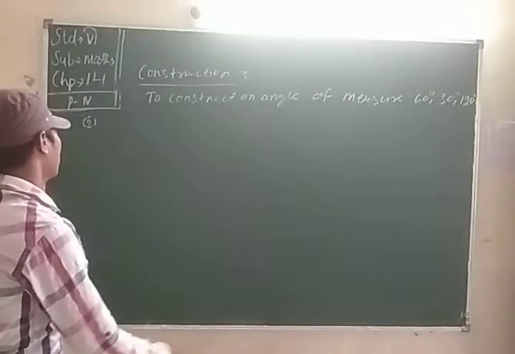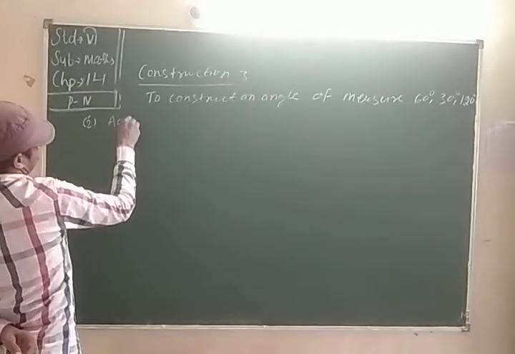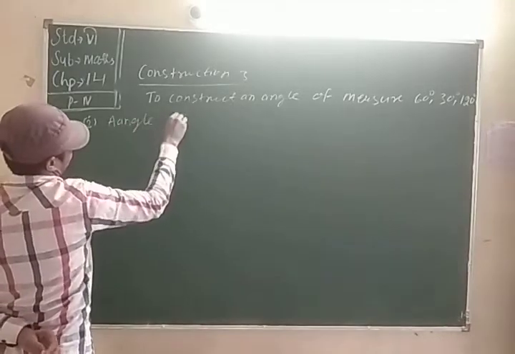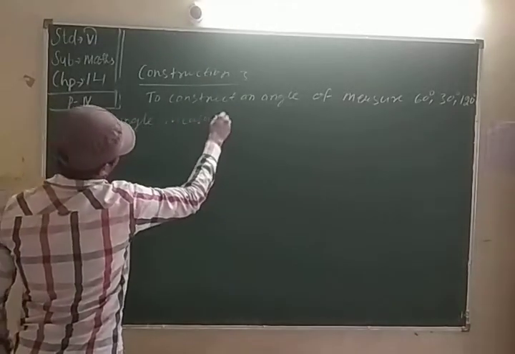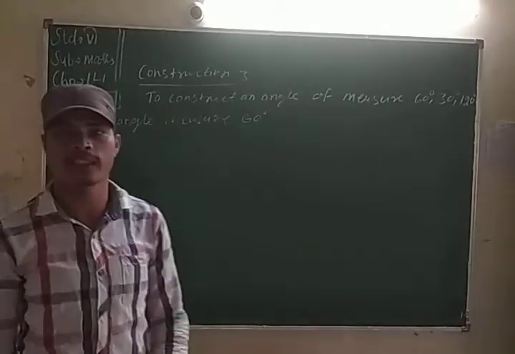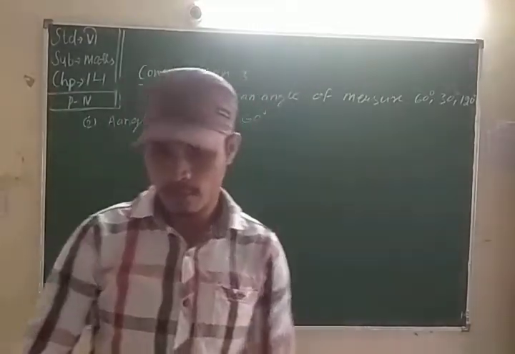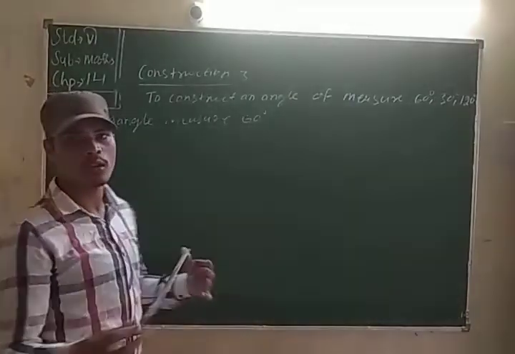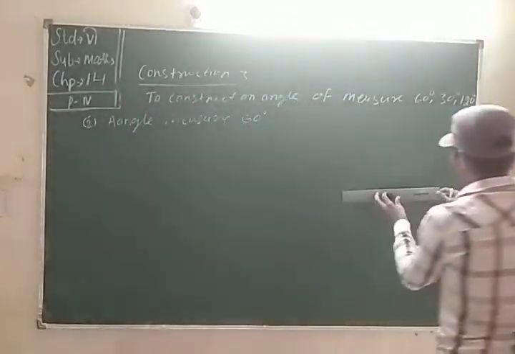Now see here we learn the angle measure 60 degree. How do we construct an angle of measure 60 degree? I will tell you, first I draw, then write the steps.